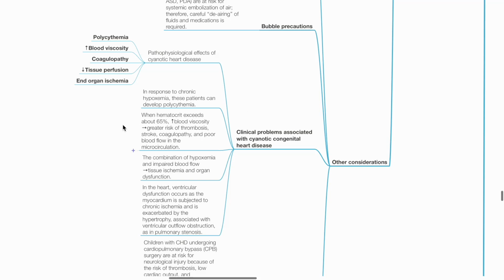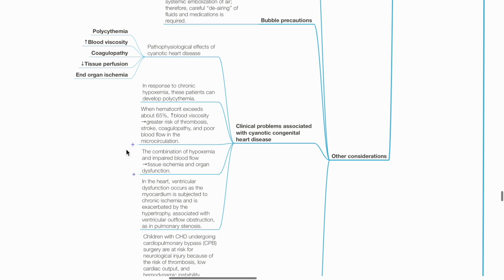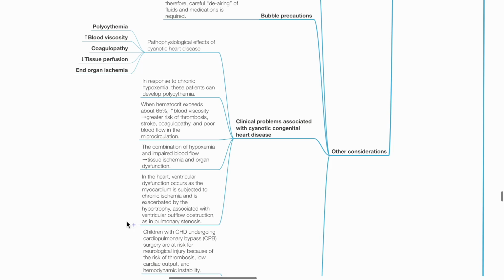Increased viscosity of the blood increases the risk of thrombosis, stroke, coagulopathy, and poor blood flow in the microcirculation. Hypoxemia with impaired blood flow leads to tissue ischemia and organ dysfunction. In the heart, ventricular dysfunction occurs as the myocardium is subjected to chronic ischemia and is exacerbated by hypertrophy associated with ventricular outflow obstruction as in pulmonary stenosis.